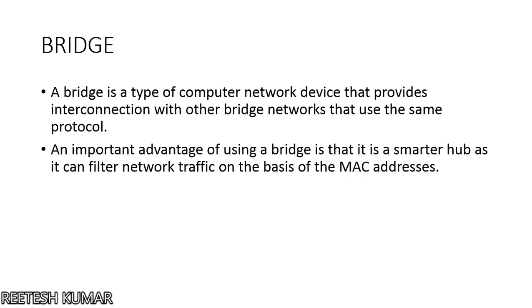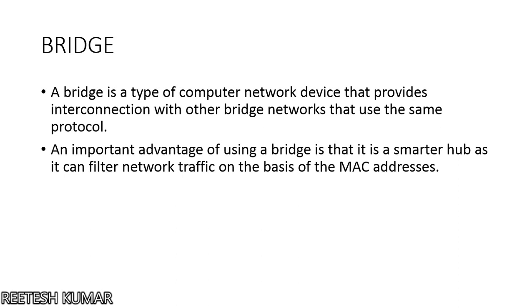Now the next network device is bridge. As the name suggests, bridge connects two similar networks that obey the same protocol. This is the main definition. A bridge is a type of computer network device that provides interconnection with other bridge networks that use the same protocol.